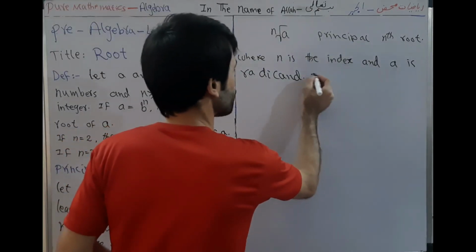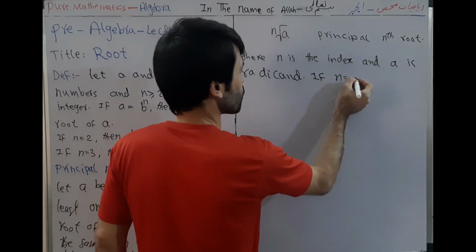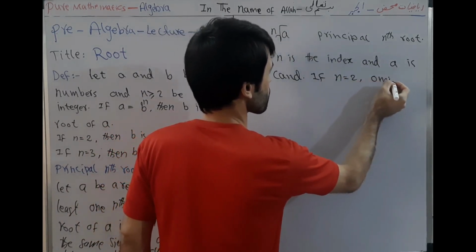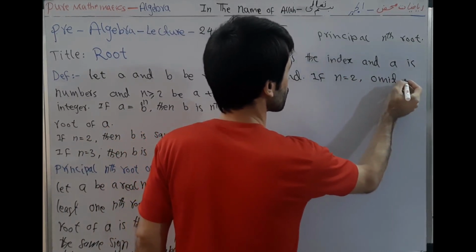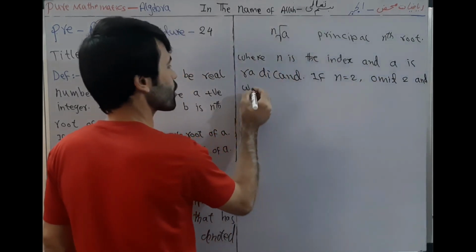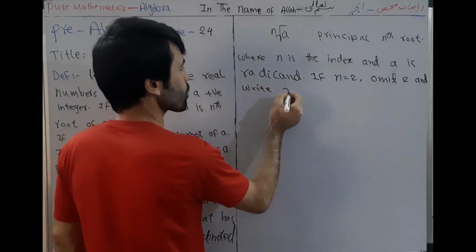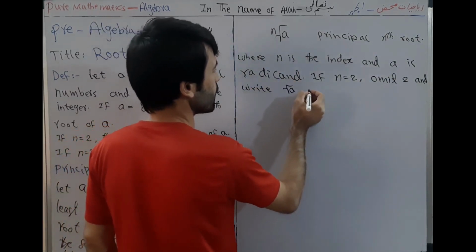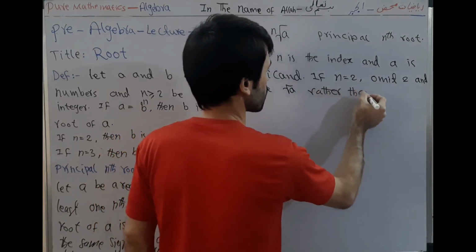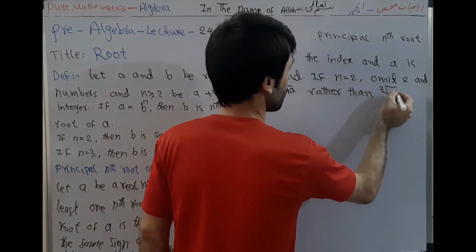If n is equal to 2, omit the 2 and write square root of a rather than the second root of a.